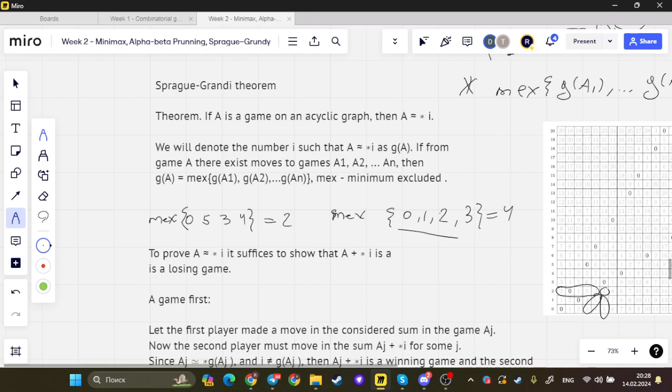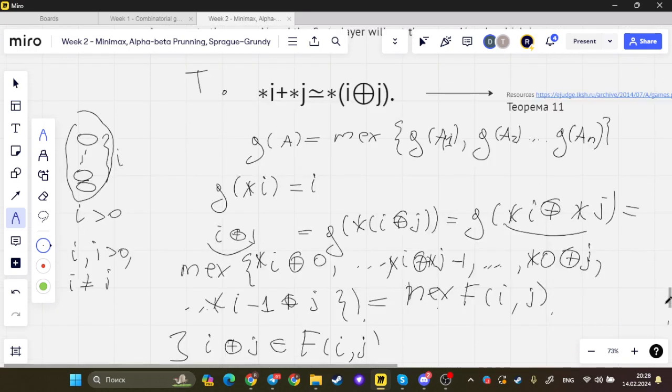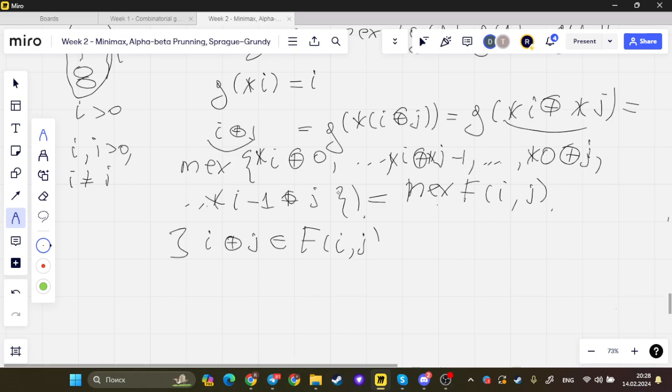And we need to prove that if we take k less than e plus g, this k belongs to this set. Okay. Suppose e plus g belongs to this set.